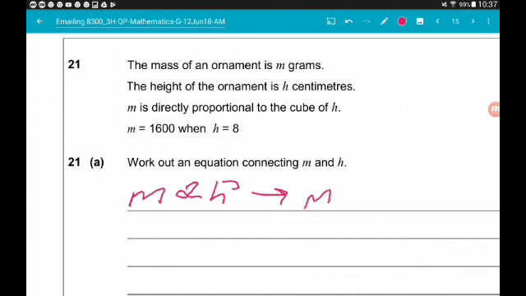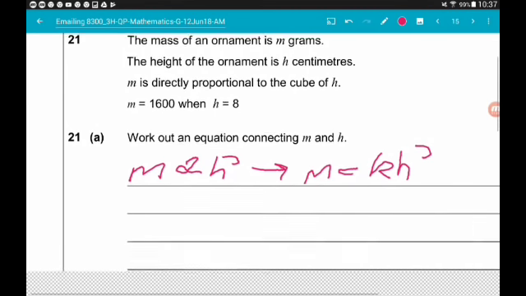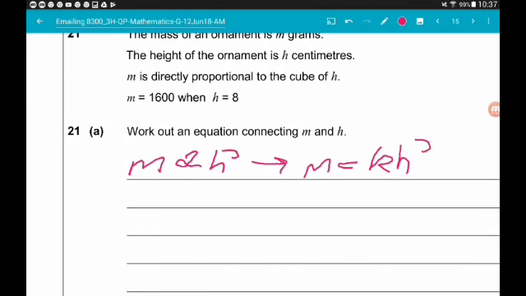Now the equation or formula that we use is m is equal to k times h cubed. So our mission here is to find the value of k. Now we do that by substituting in the values that we know. So m is 1600 when h is 8.